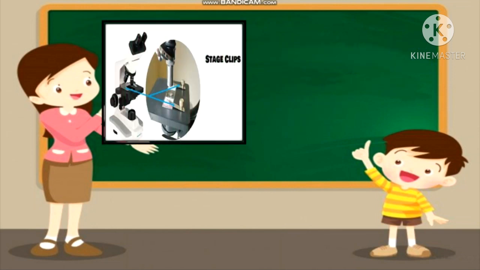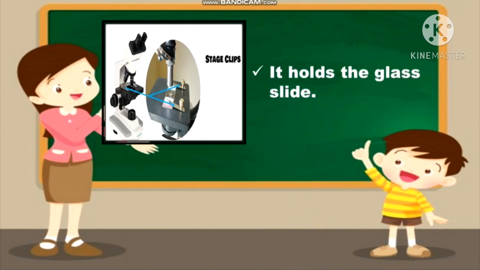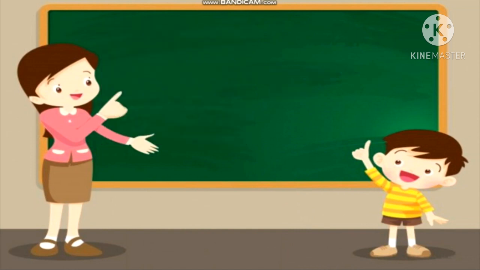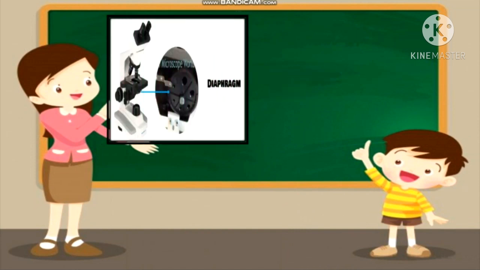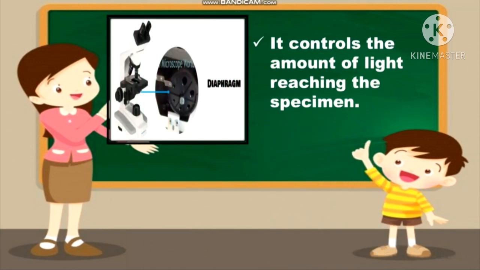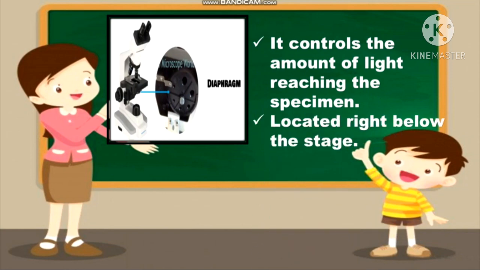The next, we have here the stage clips. Stage clips help hold the glass slide under study. The next, the diaphragm. Diaphragm controls the amount of light reaching the specimen. It is located right below the stage.